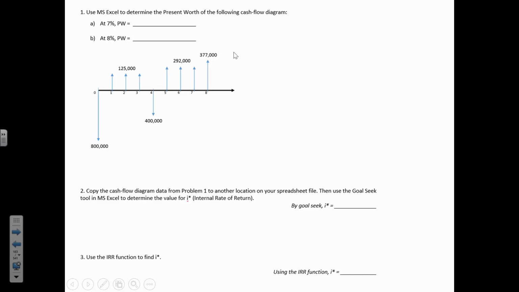So do part 1 and 2, and then I'll illustrate the IRR function. You can play around with it if you want to see if you can figure it out, but there's a function I don't think I've shown in class before called IRR that I'll illustrate after you've finished problem 2, which is finding the internal rate of return by goal seek.